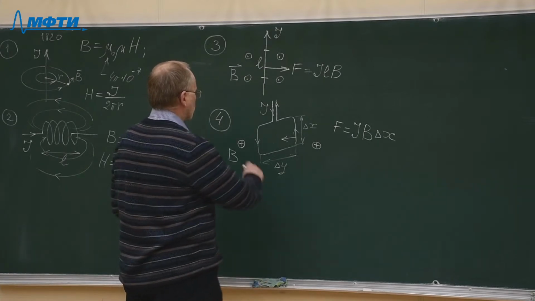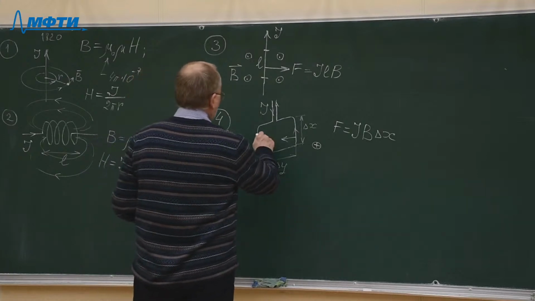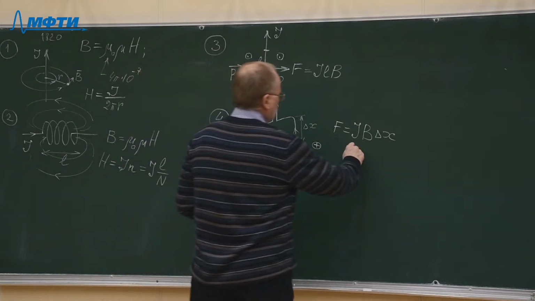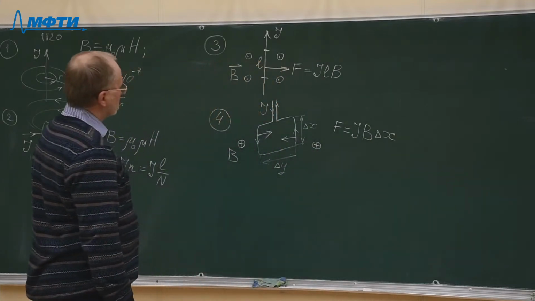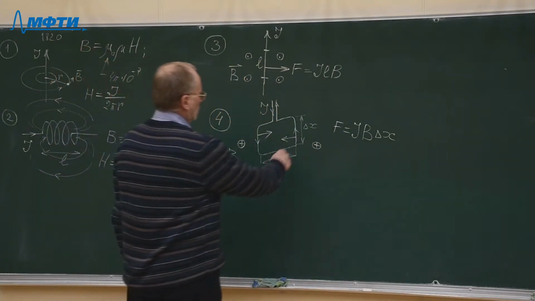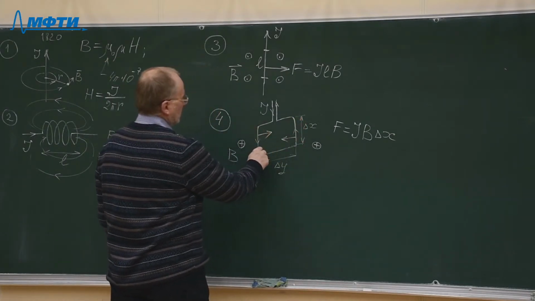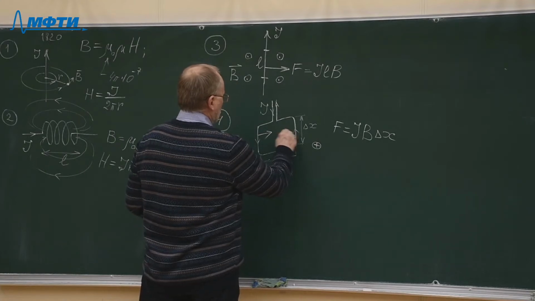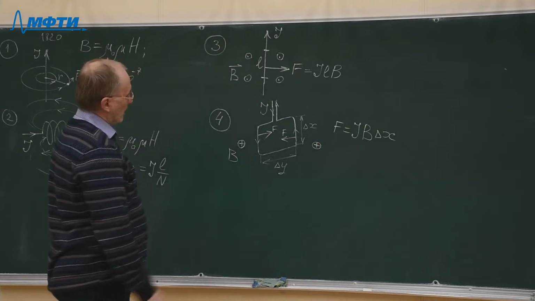It will have this direction, and another force will have this direction. So the force acting on the loop with the current will act both on this section of the current and on this section of the current. And these two forces will compensate each other because they will be directed oppositely.